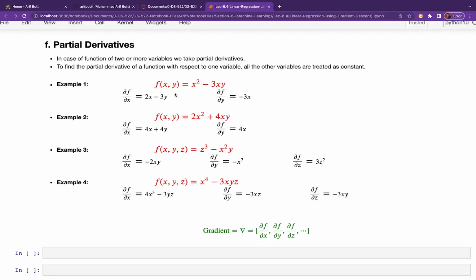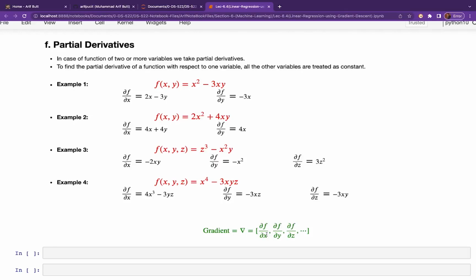Similarly, the partial derivative with respect to y means that we ignore x and we just see how is the function changing over y. And finally, the list of these partial derivatives is called gradient. So the gradient of a function at any point is just a collection of all its partial derivatives with respect to all the dimensions of that function.